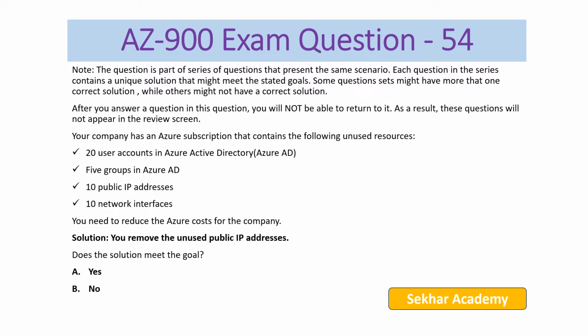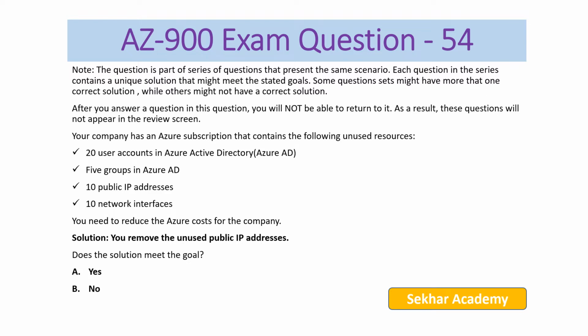The question starts here. Your company has an Azure subscription that contains the following unused resources: 20 user accounts in Azure Active Directory, 5 groups in Azure AD, 10 public IP addresses, and 10 network interfaces. You need to reduce the Azure cost for the company.